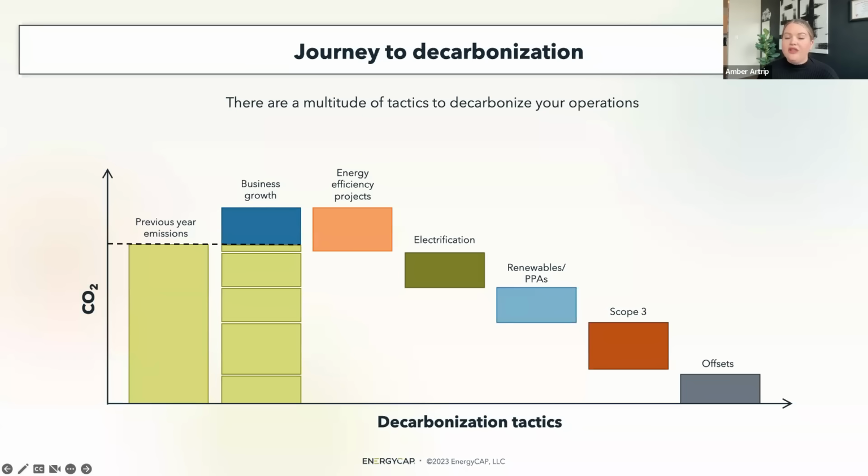However, you should only use this tactic to offset the CO2 that you can't remove from the operations yourself, right? You should be really careful that you're using a trusted and validated offset source, because abuse of offsets in carbon reporting is considered greenwashing, and nobody wants to be accused of that, right?